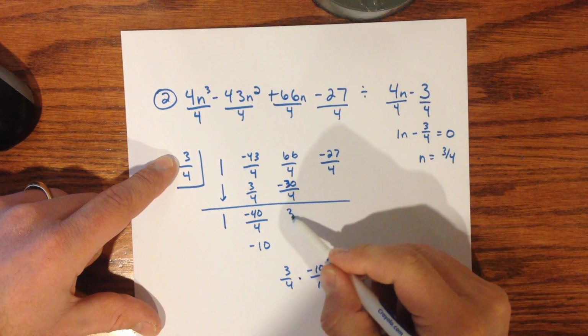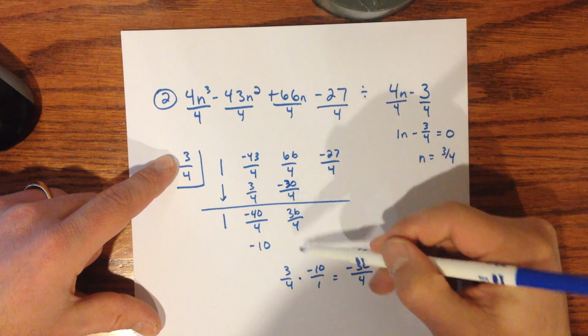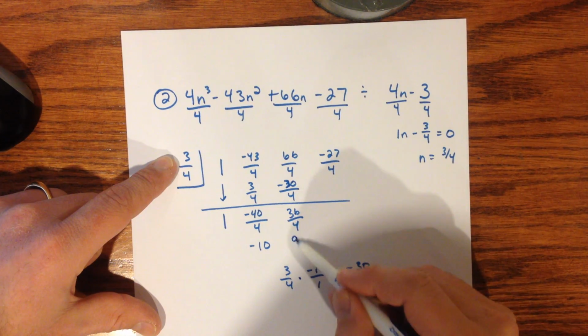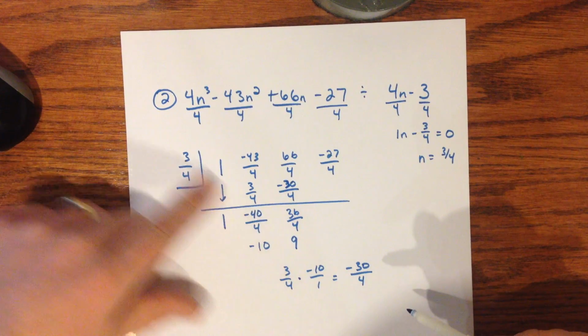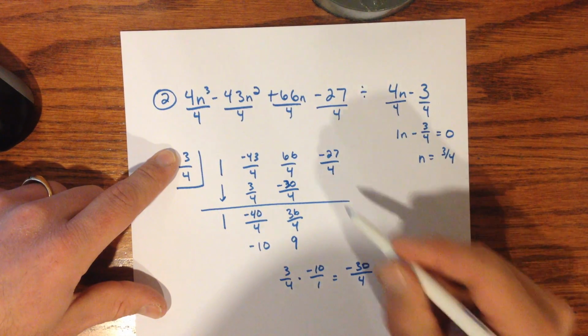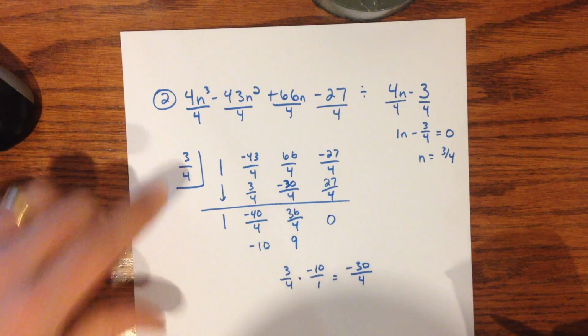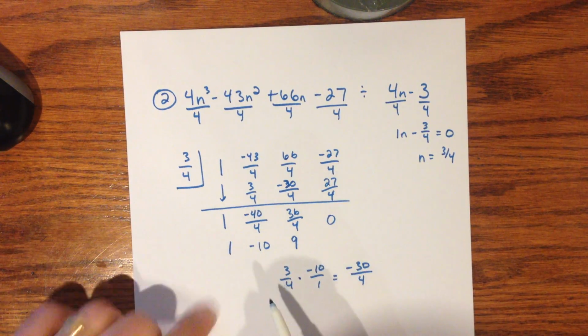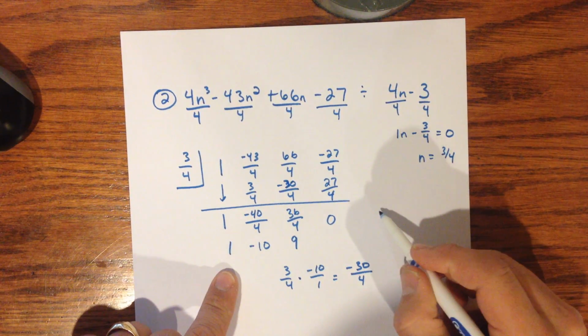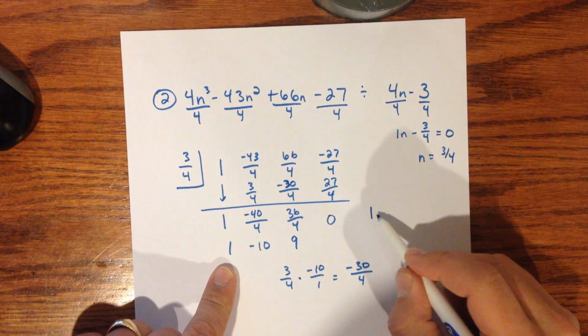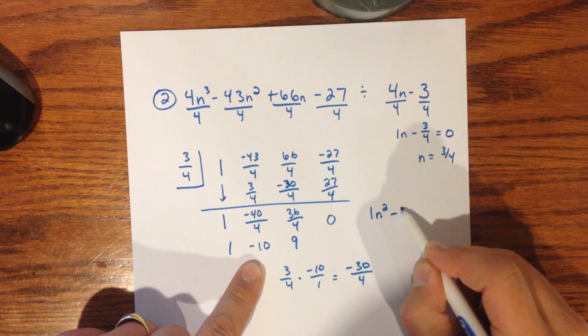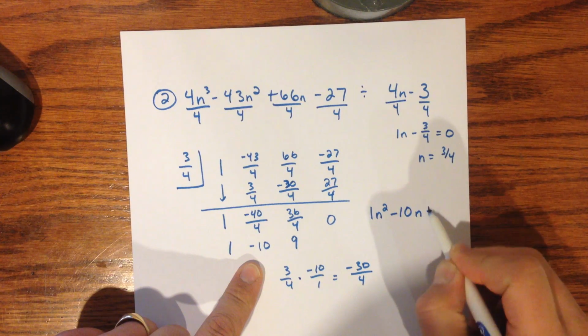Add those together, you get 36/4, which is just 9. And then 9 times 3/4 is 27/4. Add those together, you get 0. So there you go. That's going to be your coefficients: 1n squared minus 10n plus 9.